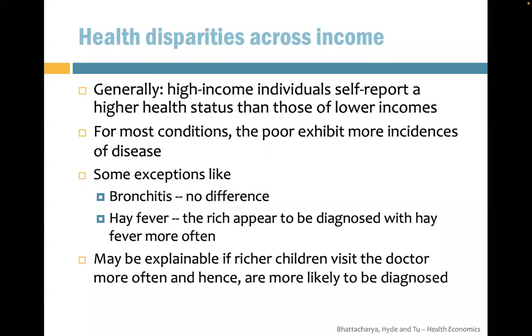But there are some exceptions, like bronchitis. This is a very special condition, and we find that there is no difference between different income groups. Another one is hay fever. And it shows that the rich appear to be diagnosed with hay fever more often than the poor.